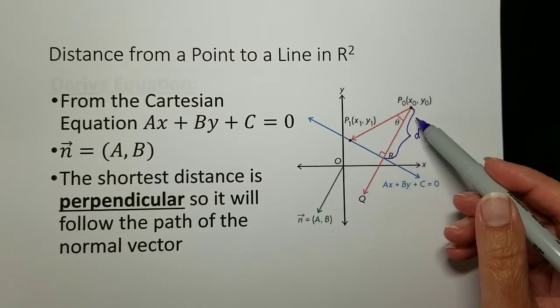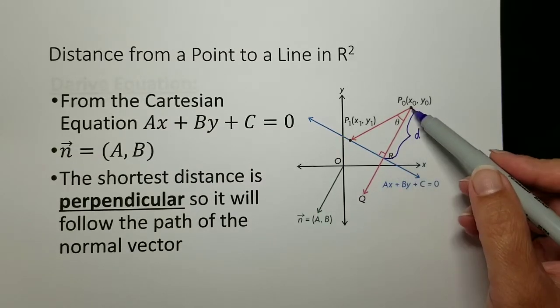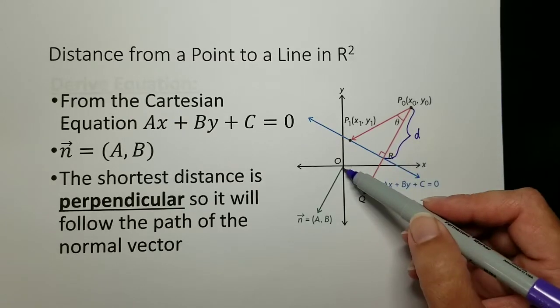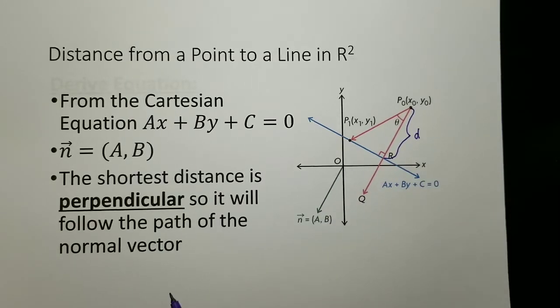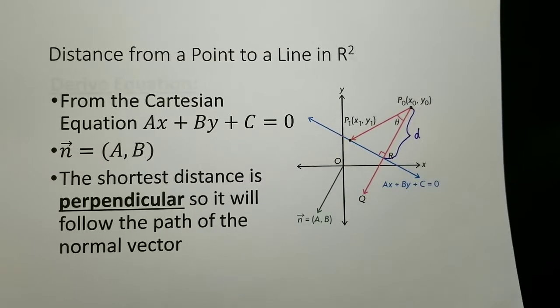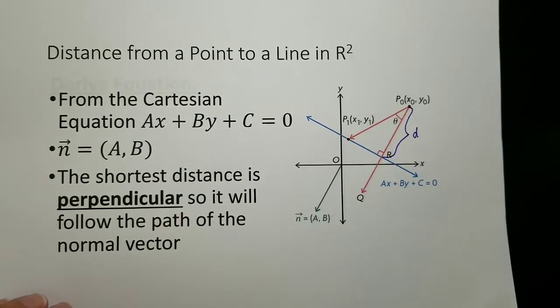That's going to be really important because the distance along this path will follow the same direction as the normal vector.